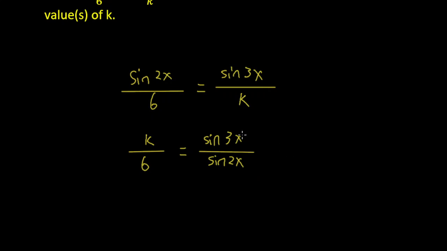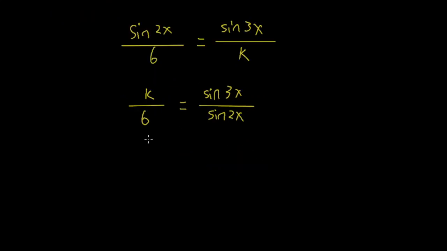What we have to do is rewrite sine 3x and sine 2x using their trigonometry identities in terms of sine x. Then we can try comparing them together. So k over 6 is equal to, what's the trigonometry identity of sine 3x in terms of sine x?